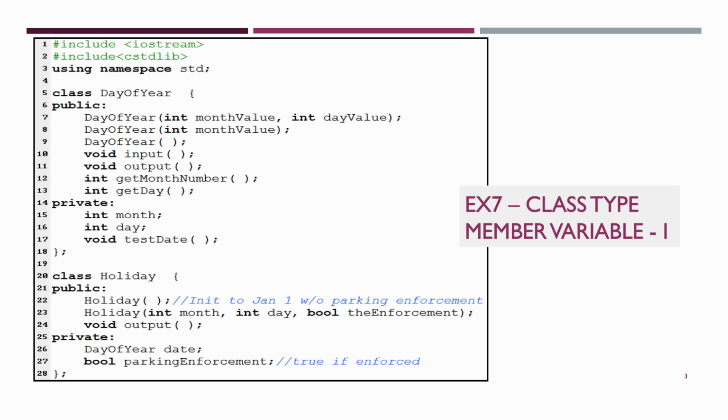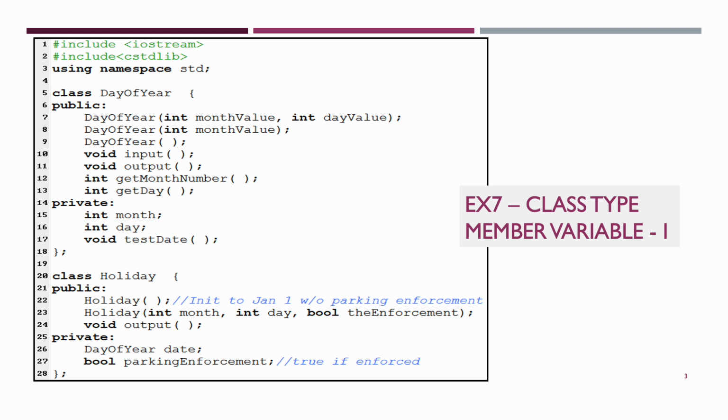If you see this example, it demonstrates how a class type can be used as a member variable in another class. All the features and all the types of classes I just discussed on the previous slide, we will look at in this example. Here we have some key components of the code.